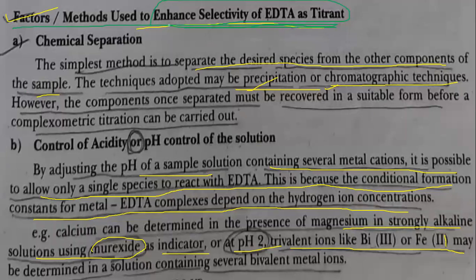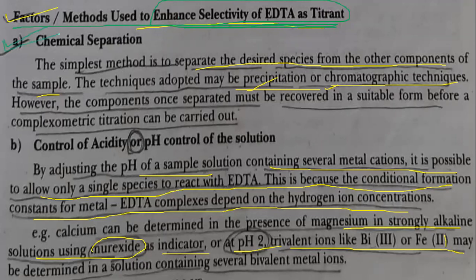So see, these are the methods by which we can increase the selectivity, making EDTA react with a particular metal ion only. First, chemical separation.